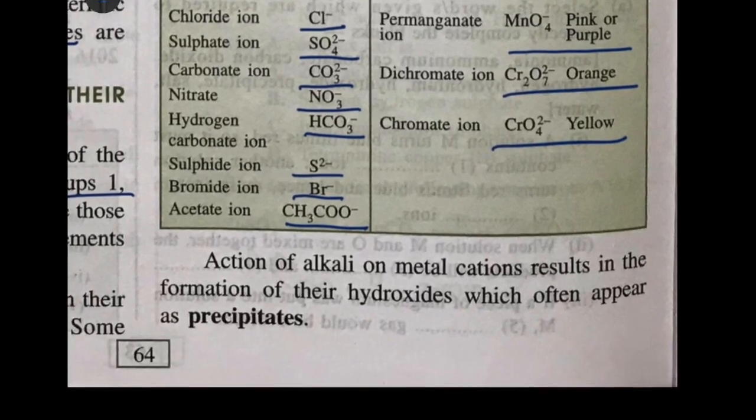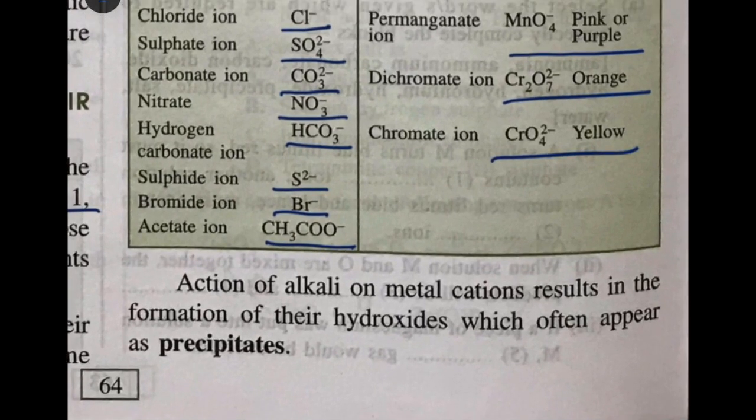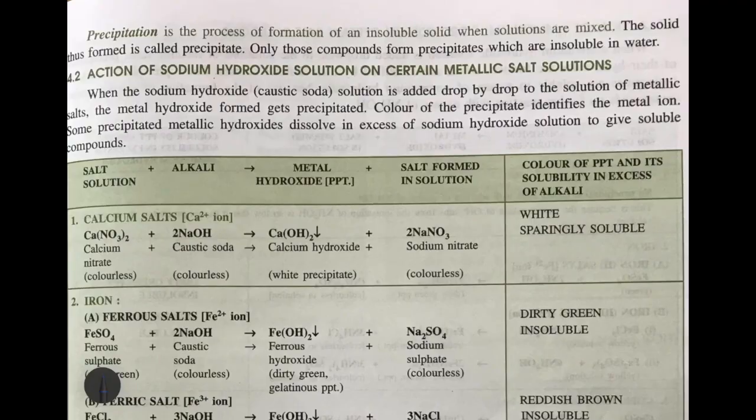So when alkalis are made to react with the metal cations or the metal positive ions, it results in the formation of their hydroxides, which come out as precipitates. You know, precipitate means it is a solid. Now, you already know what a precipitation reaction is. We have already talked about it before, but anyway, we're talking about it again.